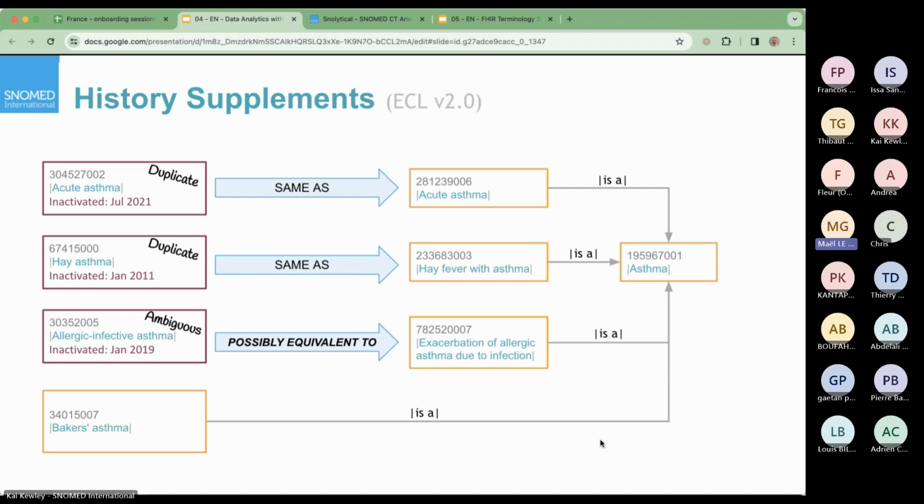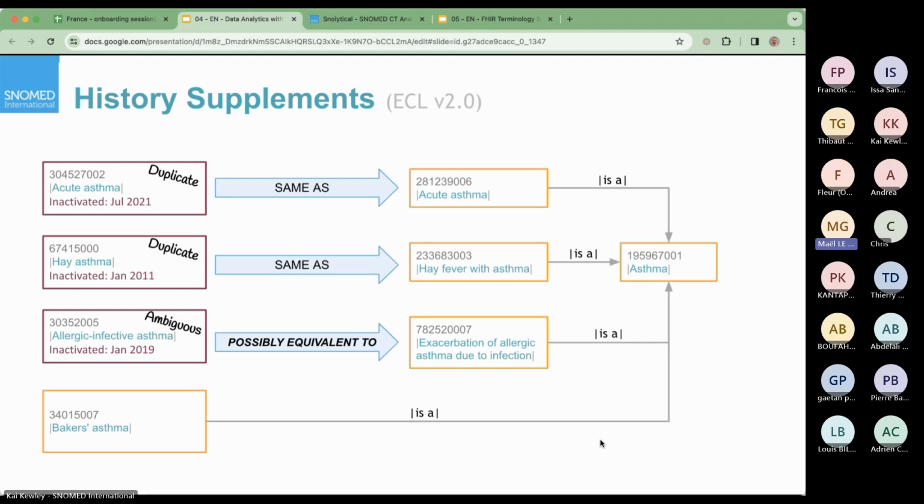If you have a concept that is ambiguous, it may be because there are multiple interpretations. So then we create possibly equivalent to. Here in this slide, only one possibly equivalent to association, but often there will be more than one. And it's not necessarily exhaustive.